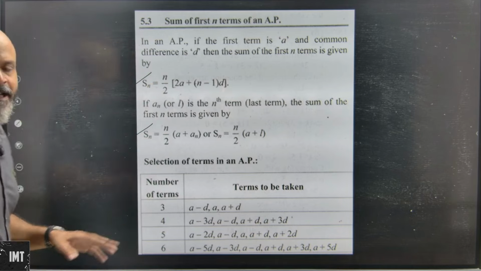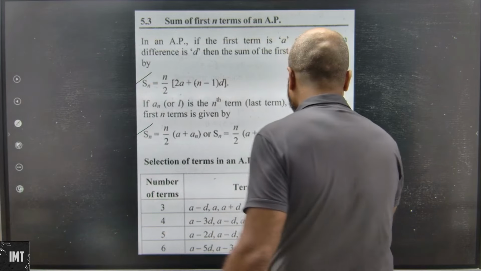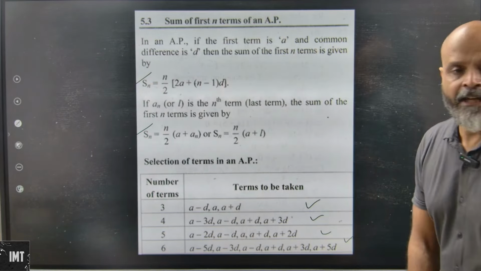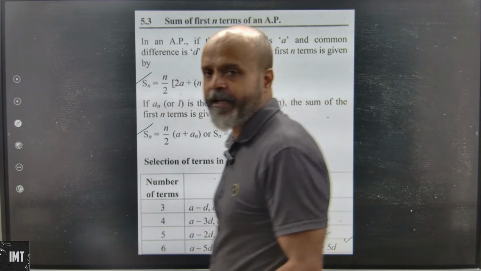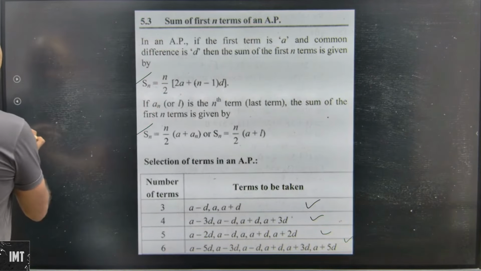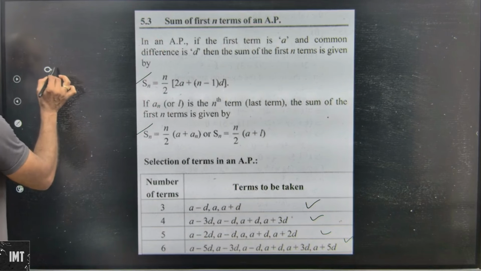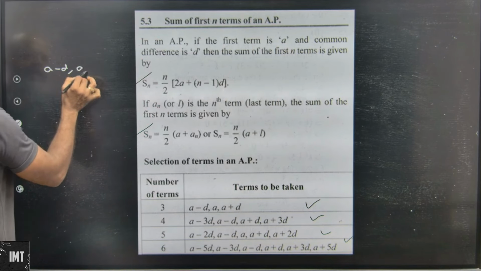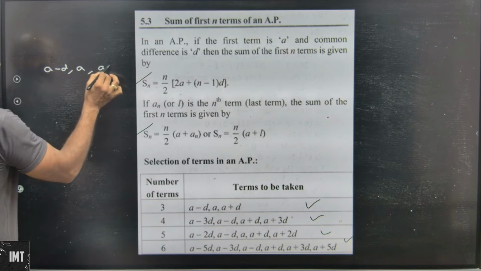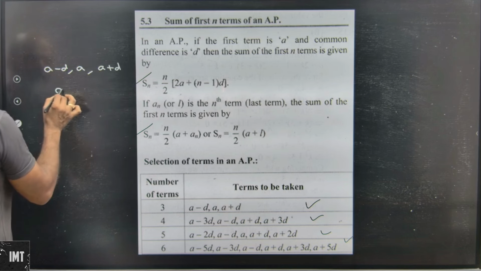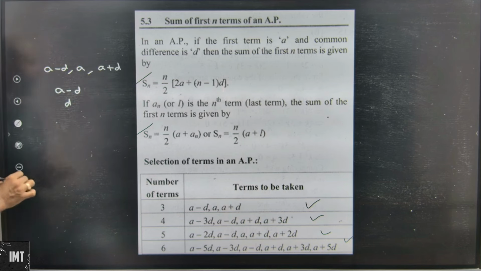Now this is something that we have to basically make a note of. If the number of terms given for an AP is 3, and let's say a and d both are not given, then our assumption will be that the AP is a - d, a and a + d. So obviously here the first term is a - d and the common difference is d.